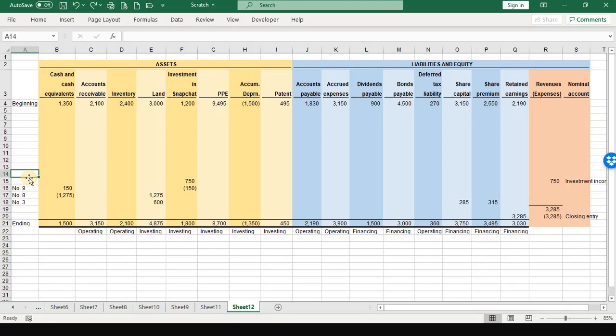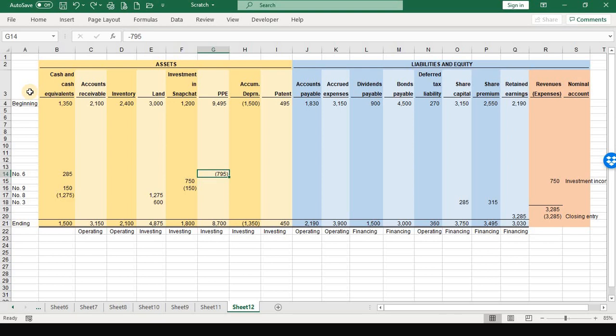So for additional data number 6, the entry to record the sale of equipment is debit cash for the cash proceeds for 285 pesos. Then let's derecognize the PPE at cost. So credit PPE for 795 pesos.